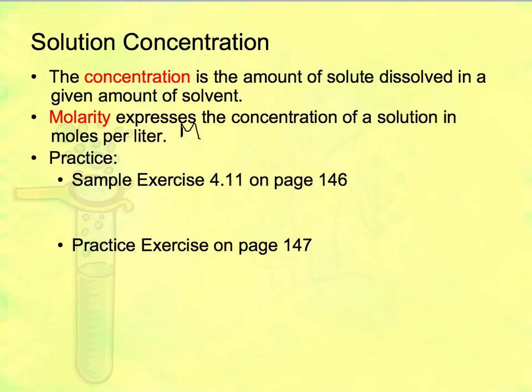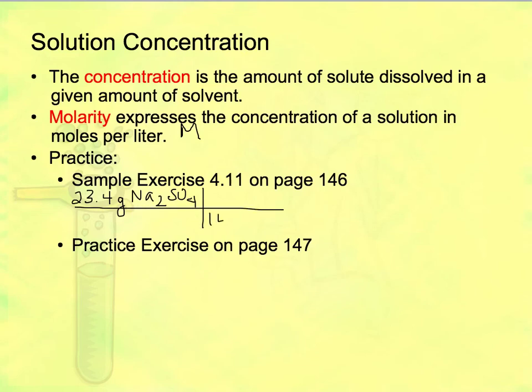And so the practice exercise is on page 146, and we have 23.4 grams of sodium sulfate, so that's going to be Na2SO4, and we are to determine the molarity of that. So if I have grams, I need to convert it to, that's correct, you need to convert it to moles.